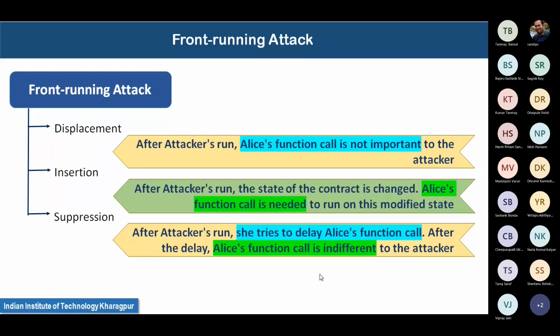So that is a kind of insertion. And suppression is only about trying to delay Alice's function call. The researchers said they did not find too many of these, but there is one example, and we'll talk about that a little later.